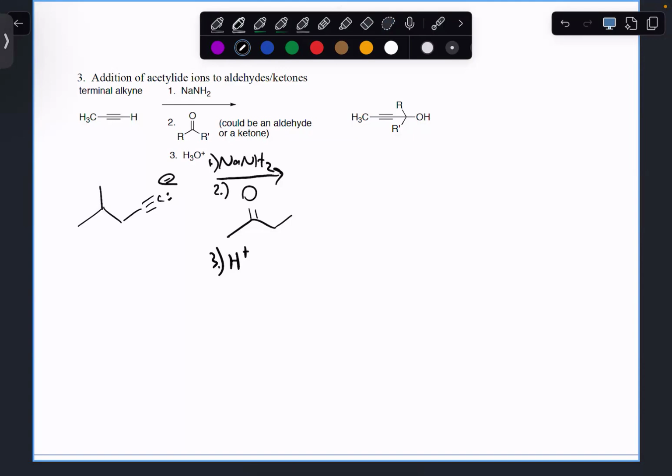NaNH2 is a very specialized base, and it's almost exclusively used to deprotonate terminal alkynes. So that will generate that nucleophilic acetylide, which can then go and attack the carbonyl carbon.